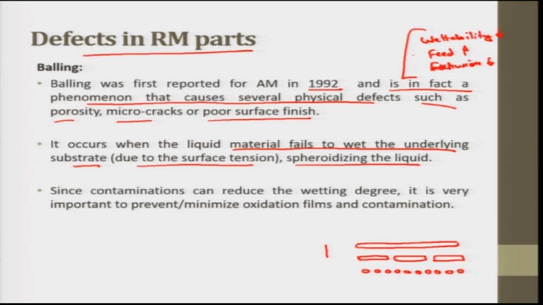Since contaminations can reduce the wetting degree, it is very important to prevent or minimize oxidation films and contamination. So, this balling results in a rough and bead shaped scan track that is more prominent in the laser bed fusion process, increasing the surface roughness and also increasing porosity.